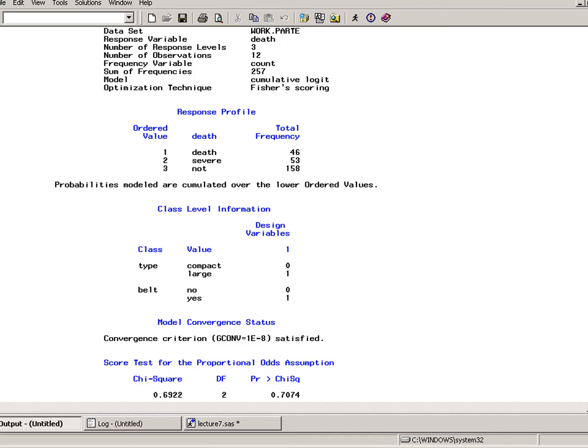So here's our output. Notice at the very bottom is our test for the proportional odds assumption. The p-value is quite large, 0.7074, well above 0.05, which means that the proportional odds assumption is reasonable. So we're good, assuming proportional odds.